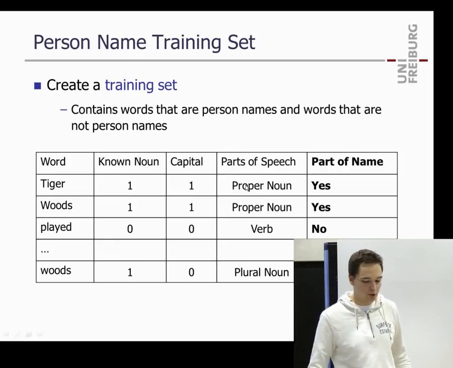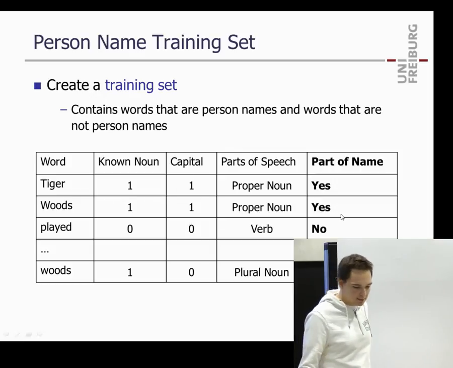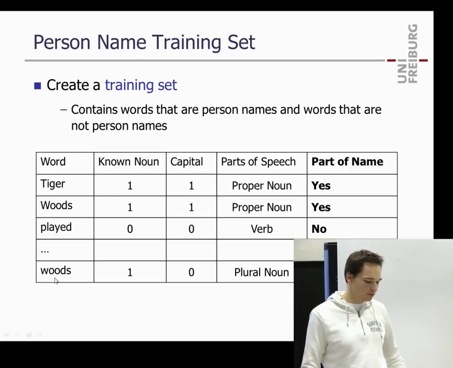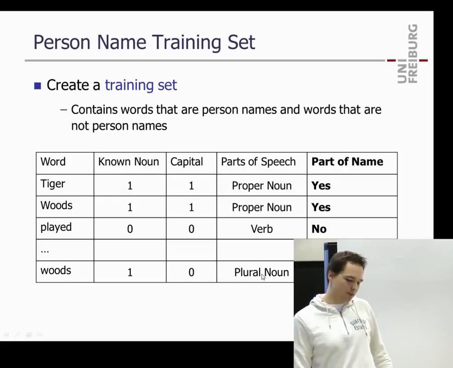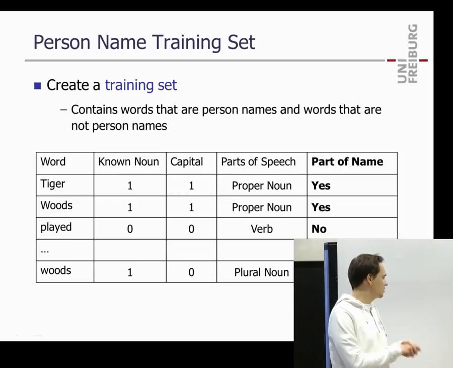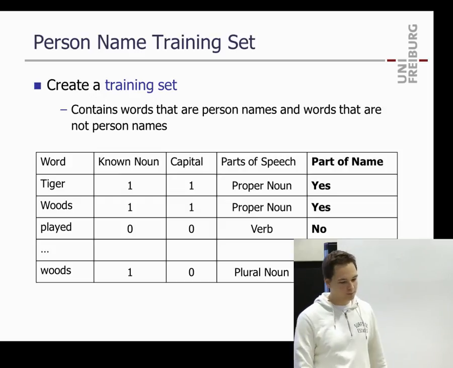In this sentence it's a proper noun, and yes, it's part of a name. Woods is basically the same, but for example, in the last sentence, Tiger ran into the woods. There, woods is not written with a capital, it's a plural noun, that's the part of speech, and it's not a name. So we create this kind of set where we already pre-classified whether it's part of a name or not, and we give this to our machine learning algorithm.